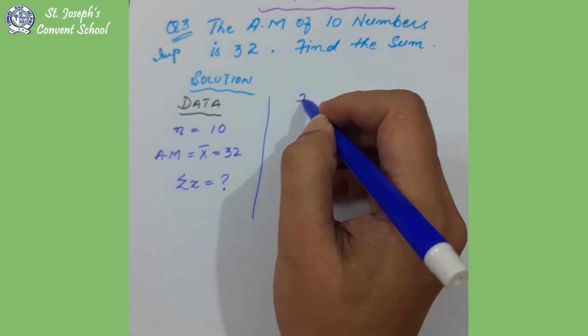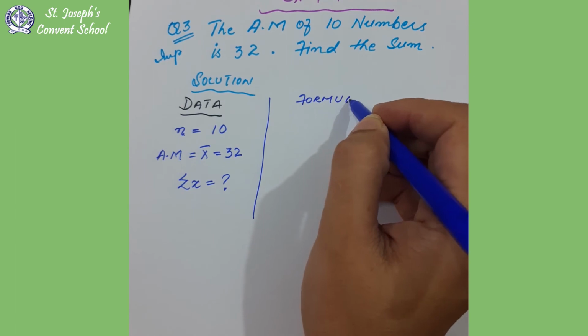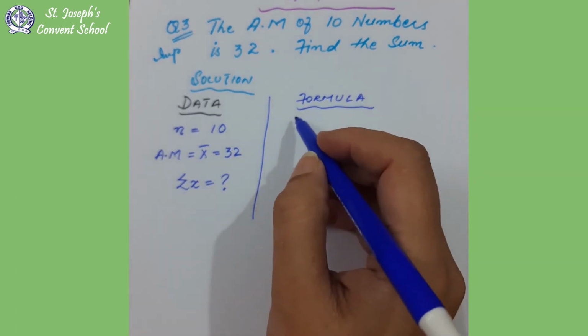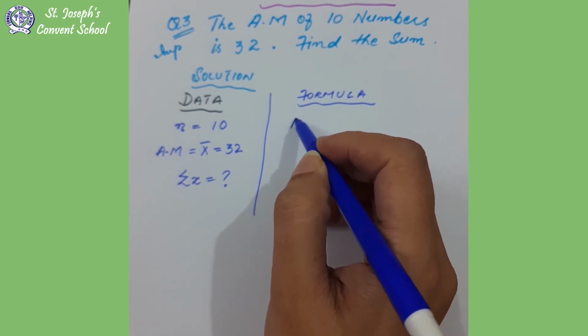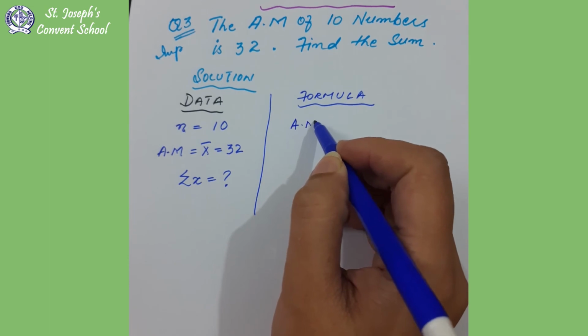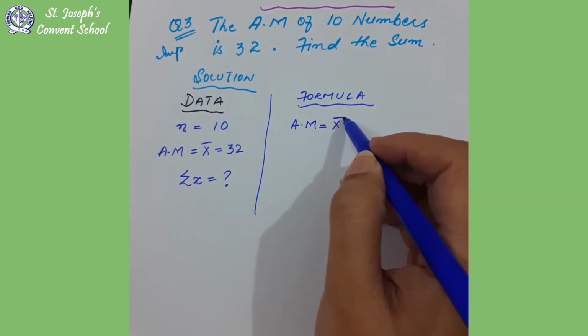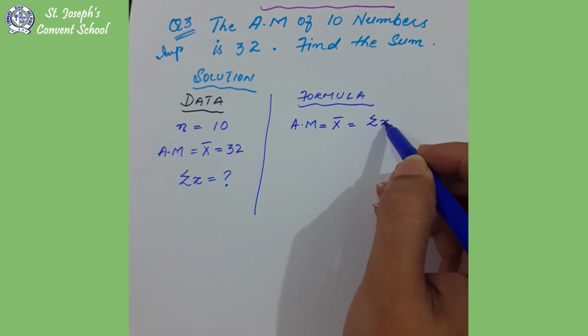Write down the formula first. Formula for arithmetic mean: AM, or x bar, equals sigma x upon n.